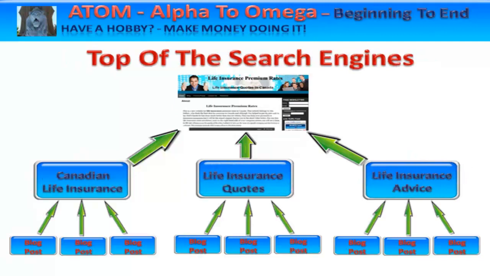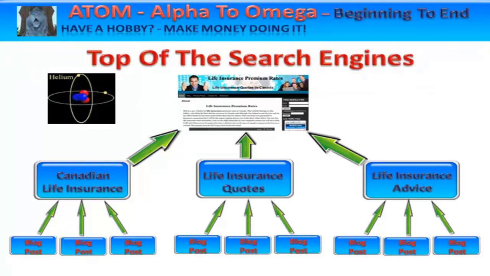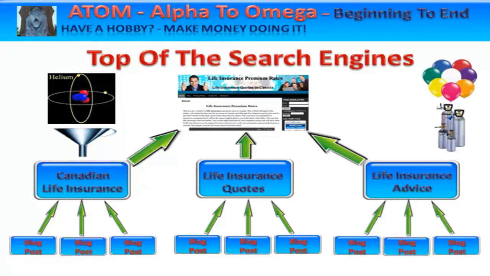Now let's look at it just a little bit differently. Let's take a look at the way the top of the search engines work. For demonstration purposes, this is the top of the search engines. Let's add a little bit of helium. Let's funnel that helium into your Tier 2 or your page tabs. What does helium do? It makes things rise.